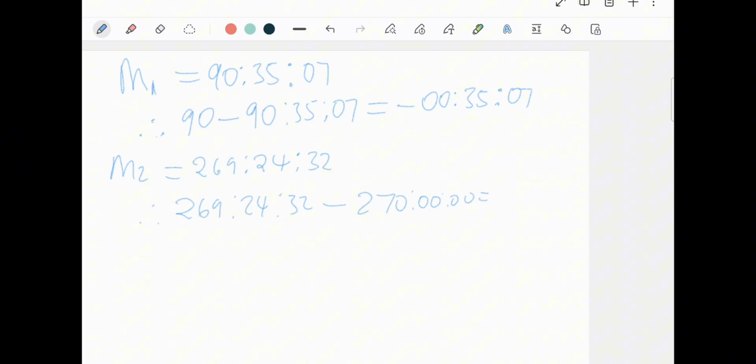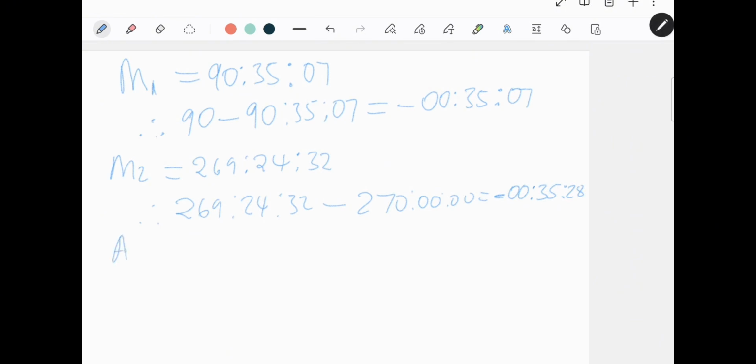So 269, 24, 32 minus 270, 0, 0, 0, 0, you're getting negative 0, 0, 35, 28. So those are the angles that you are getting. Then we have to find the average angle. That average angle will be our reduced vertical angle for M. Then we still have to do the same thing for T2.